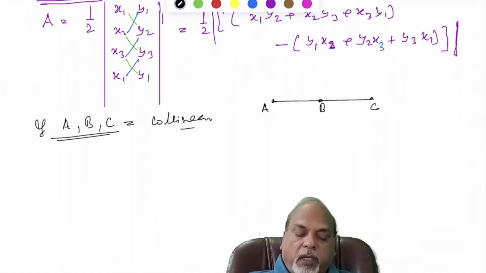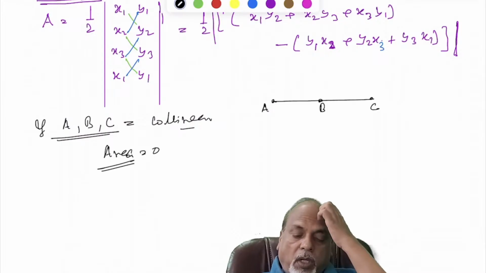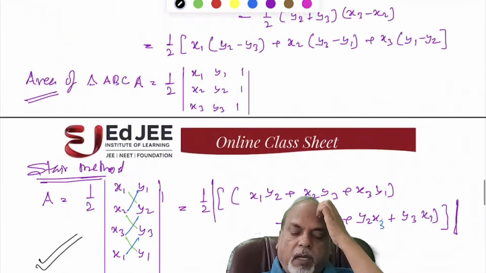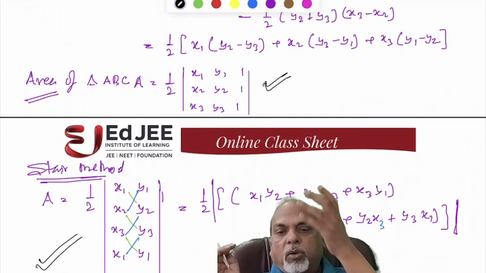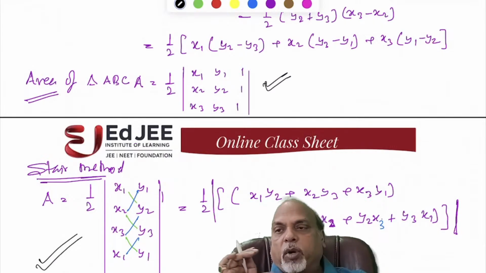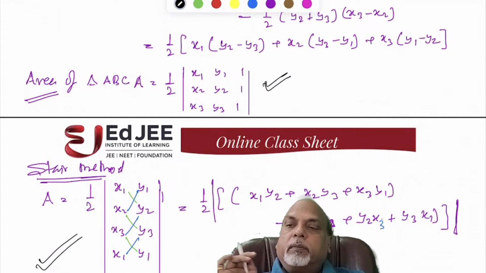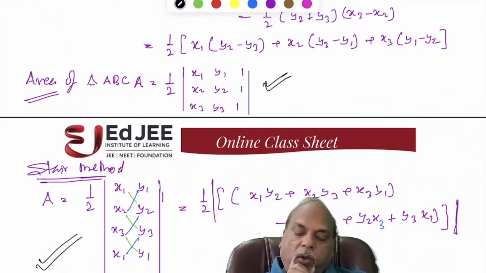If they are collinear, the area will be 0. So with this method, if the area comes 0, then the points are collinear. Correct? I hope this is clear.